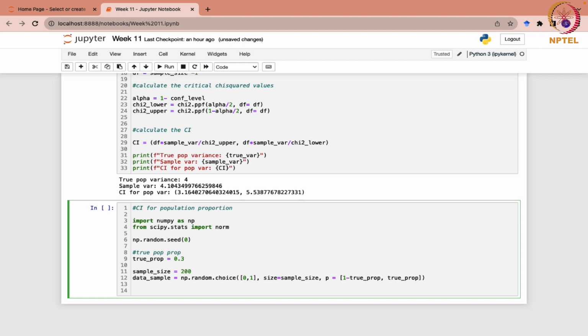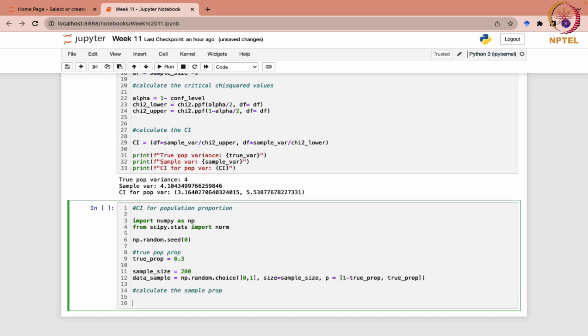Now you have to calculate the sample proportion. For calculating the sample proportion, we will use np.mean of the data sample that you have obtained here.